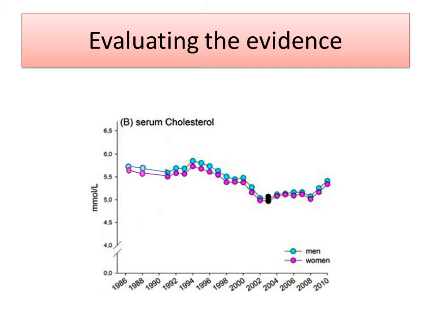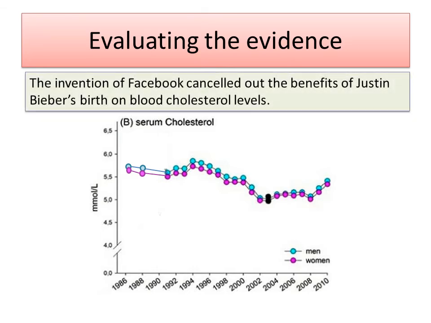Now what we can't see from this evidence, of course, is we can only see the actual data, but what we can't see is any of the reasons why this might have happened. But I can tell you why this has happened, and this is to do with the birth of Justin Bieber and the invention of Facebook. And you can see quite clearly on this graph that the benefits of Justin Bieber's birth has been cancelled out by the appearance of Facebook.